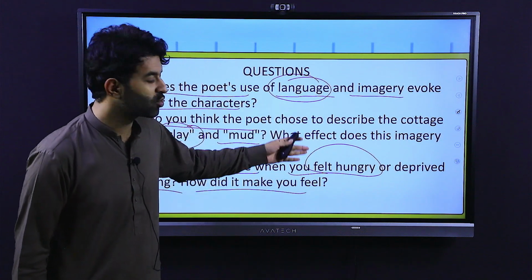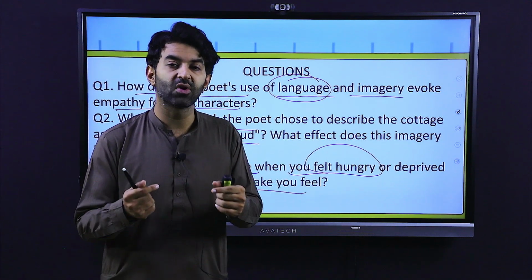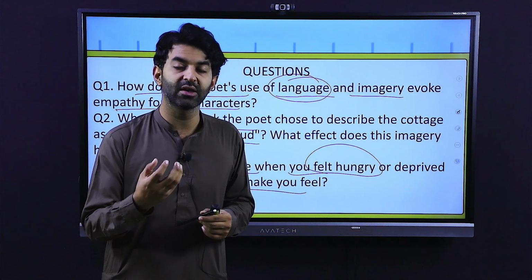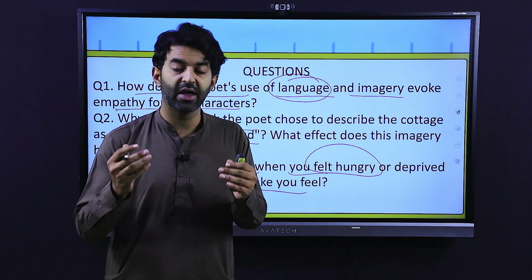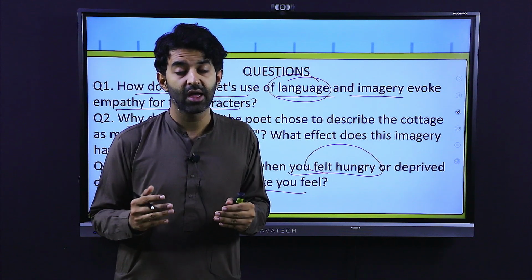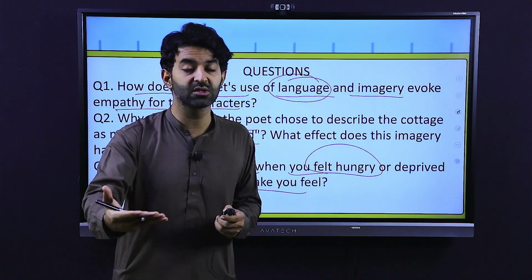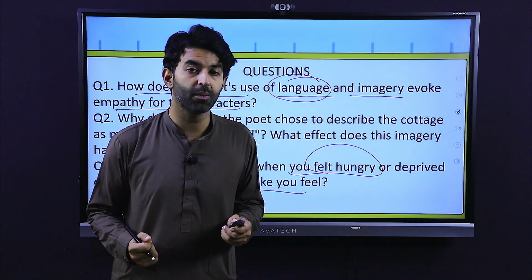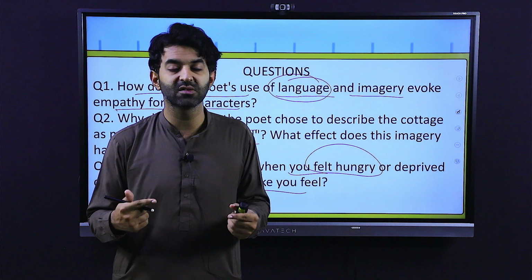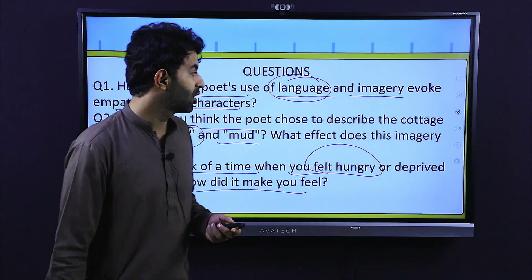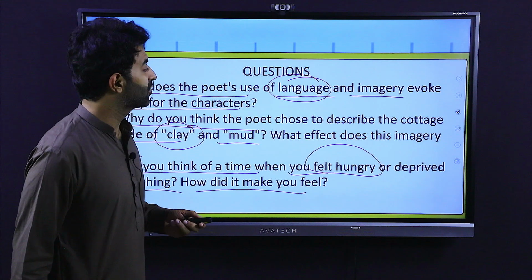So all these questions directly relate to you, they make you understand, and they affect you in a way. You have to be very responsive towards this kind of poem with your personal experiences, with your understanding and your critical answers.